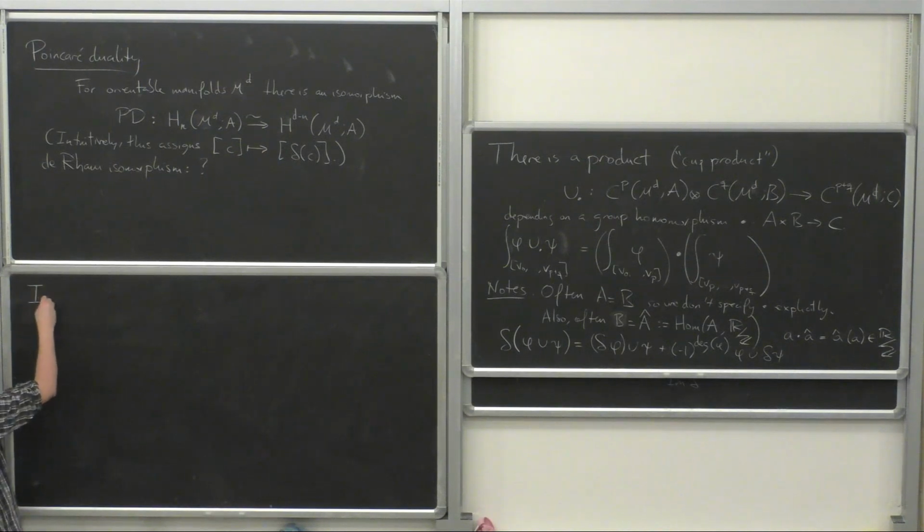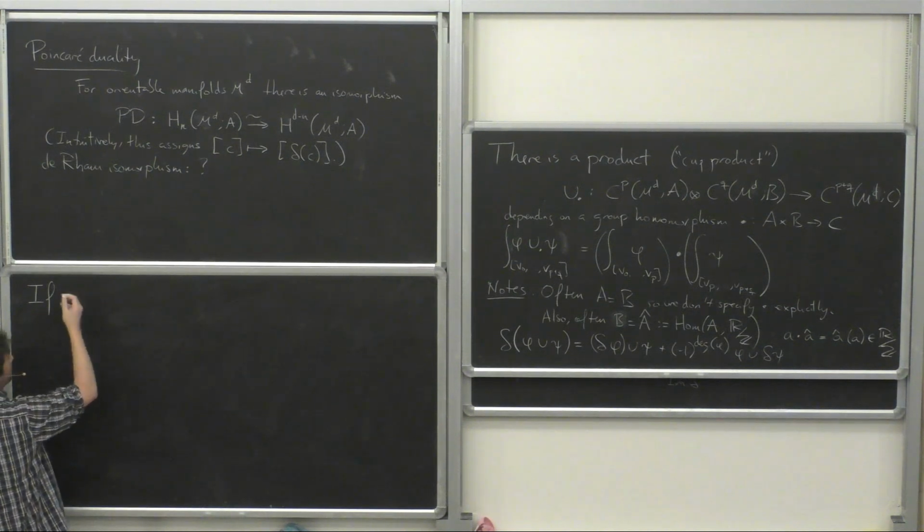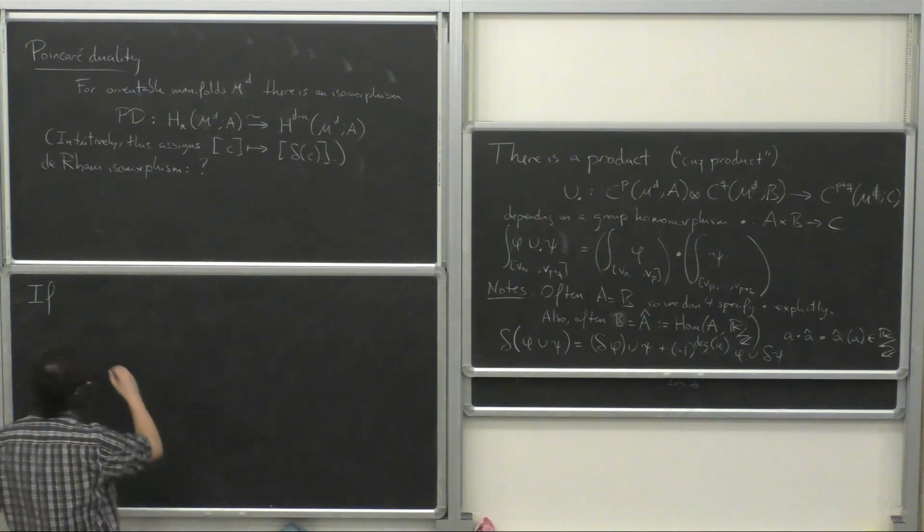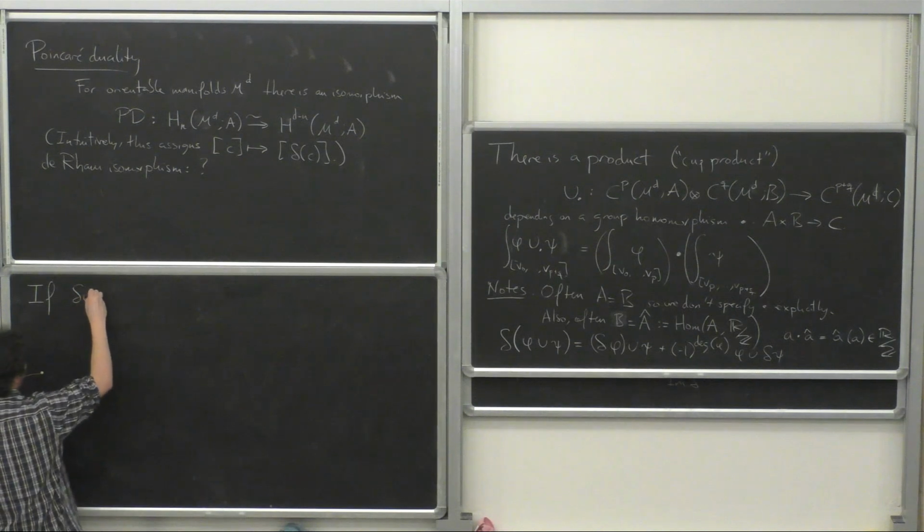So, well, the precise formula is a little bit complicated, and I will have to introduce a little more structure. So let me assume that the two elements I'm multiplying, phi and psi, are closed.